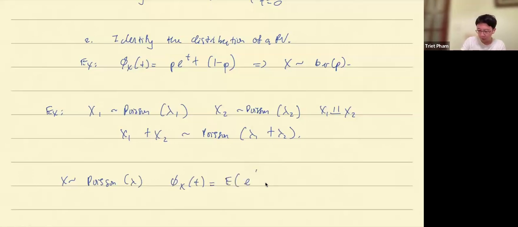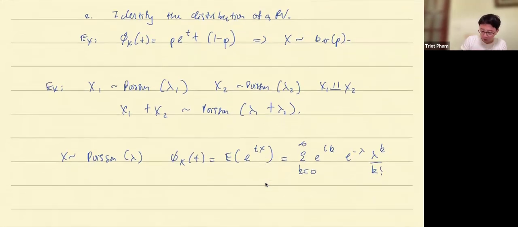It is the expectation of e to the tX, which will be the sum of e to the tk, e to the minus lambda, lambda to the k over k factorial, where k runs from 0 to infinity. Well, you can pull e to the minus lambda out, and the sum remains. Now it is lambda e to the t, raised to the k power.